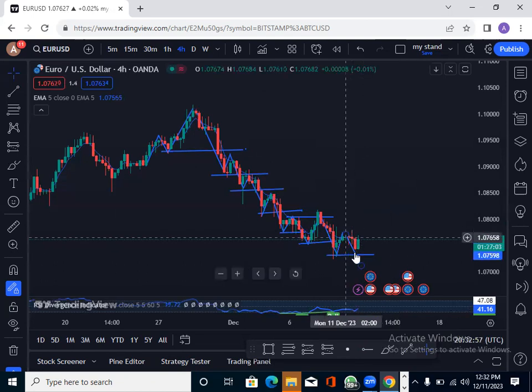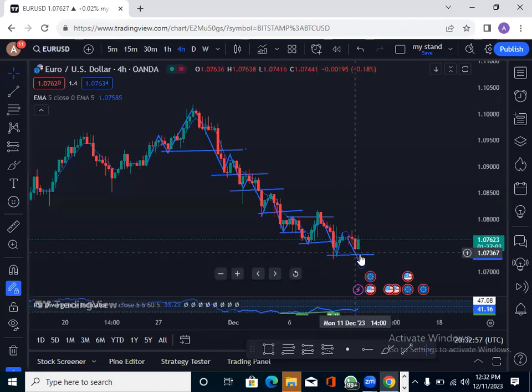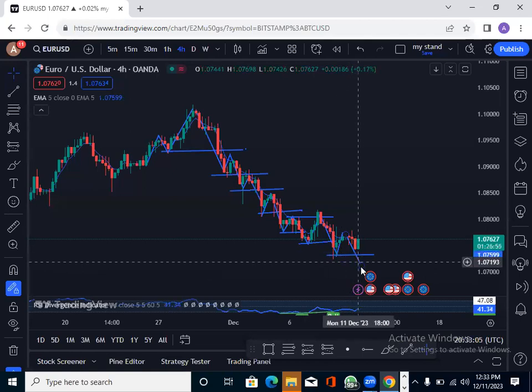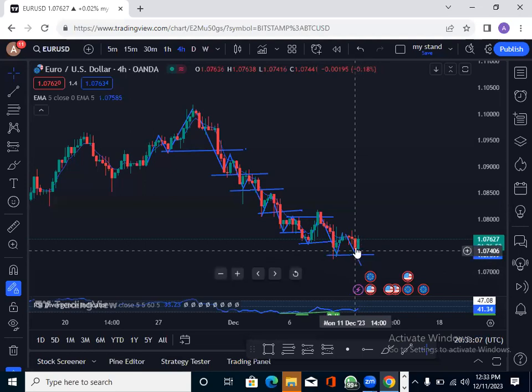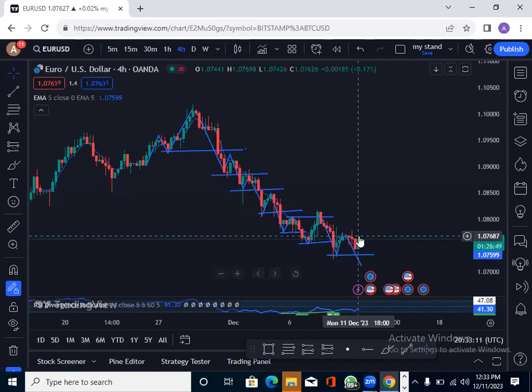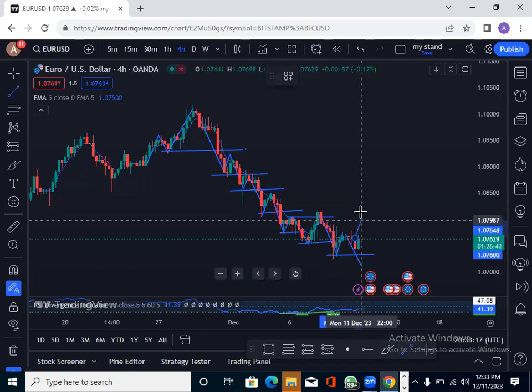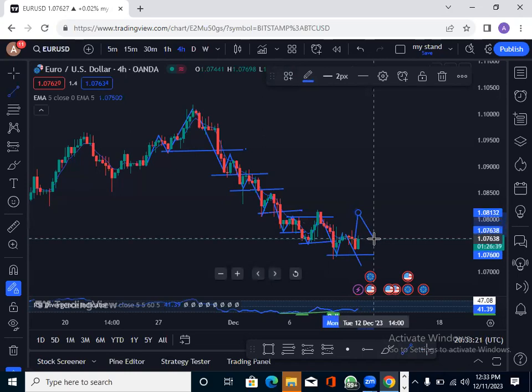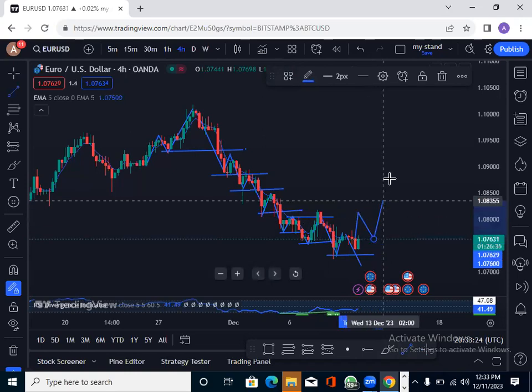Here, the market is not giving us direction. The market came to this low and it stopped. It didn't break, it didn't go further down. So at that point, the market went back again to this resistance. So two things are possible. Either the market goes from here to the upside, then comes back, then breaks up.